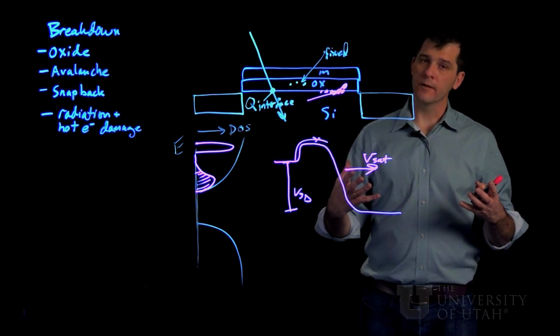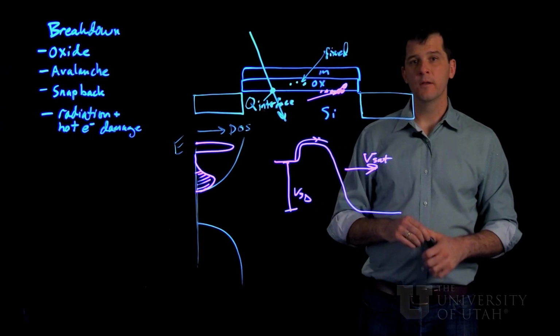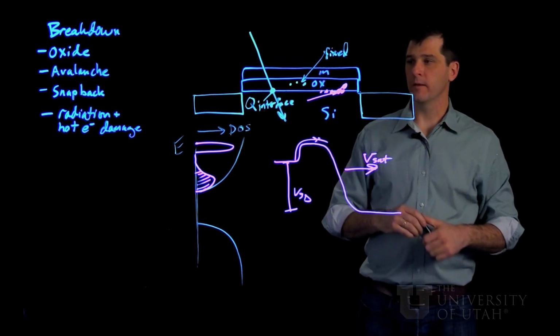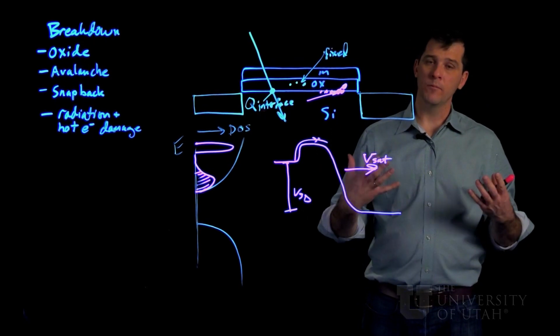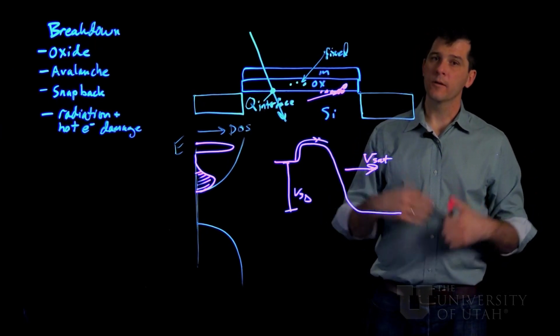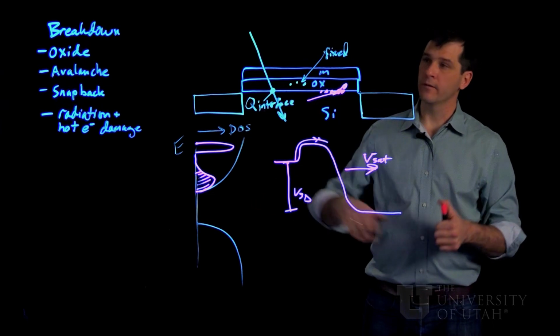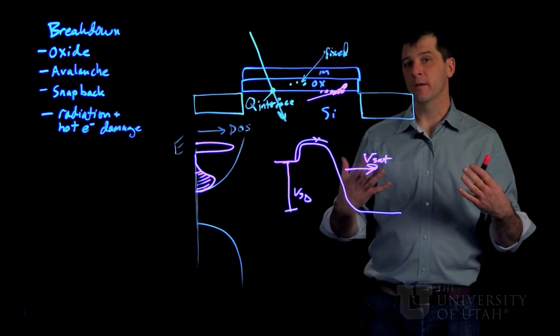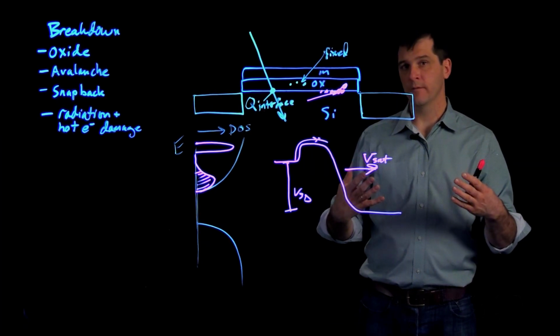So all of these effects are consequences of this lateral and vertical scaling that accompanies the shrinking of transistors to keep up with Moore's law. And current designs need to take all of these mechanisms into consideration in order to make devices that will last for many years.